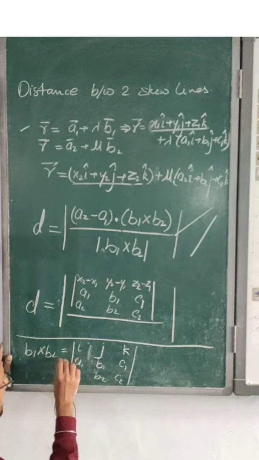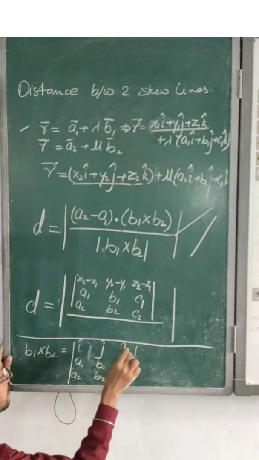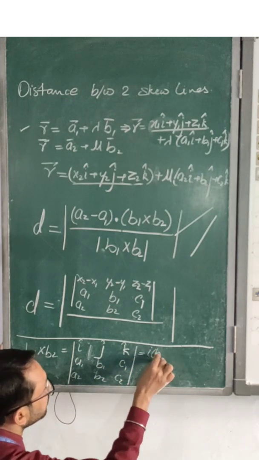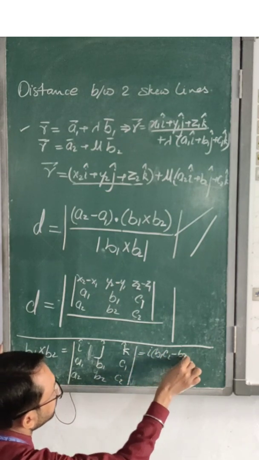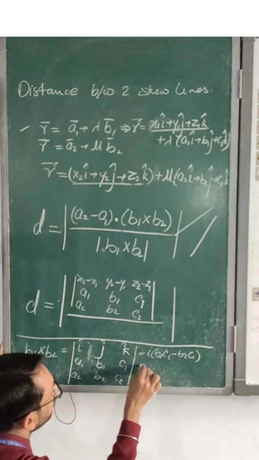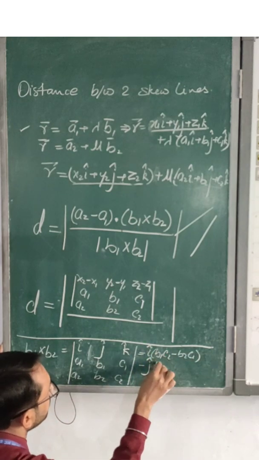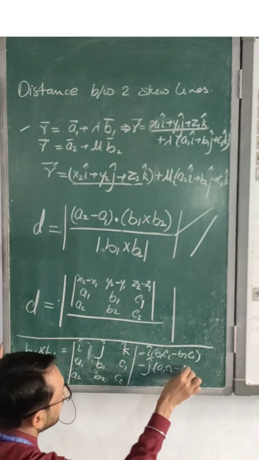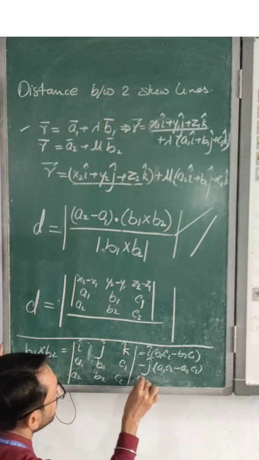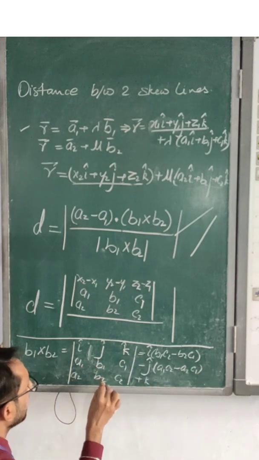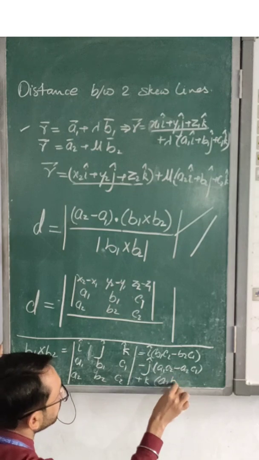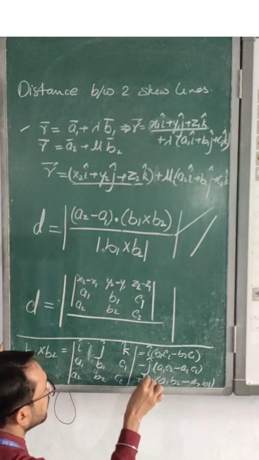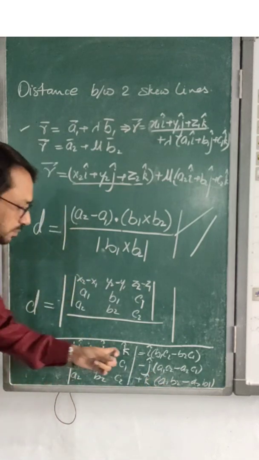Now when we calculate this, see what its value will be: i (b1c2 − b2c1) − j (a1c2 − a2c1) + k (a1b2 − a2b1). This is b1 × b2.